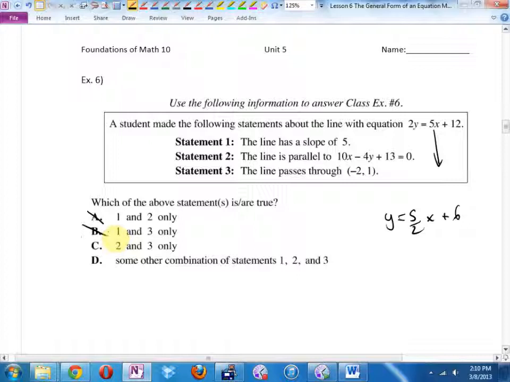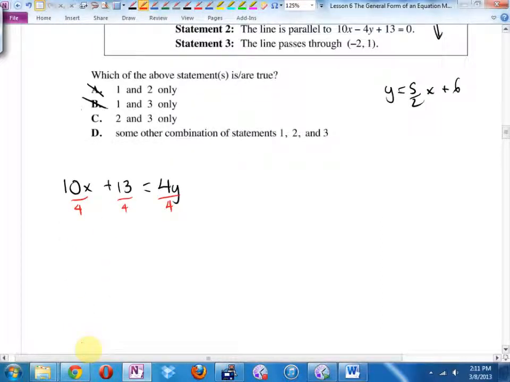Oh, rewrite it in slope-intercept form, get the y by itself? Okay, let's do that. So someone said plus 4y. 10x plus 13 equals positive 4y. Divide by 4, divide by 4, divide by 4. And I get this. Y equals 5 over 2x plus 13 over 4.